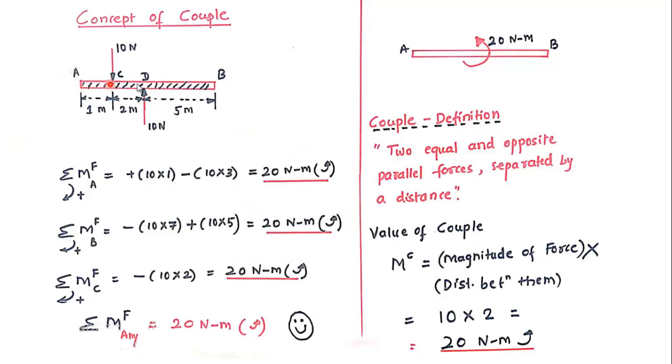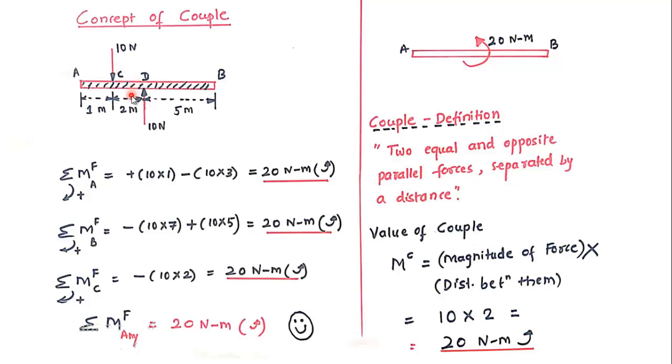Here is a rod AB, and I have shown two forces on this rod, 10 Newton acting in downward direction as you can see, and another same magnitude 10 Newton acting in the upward direction at point D. These two forces are obviously equal in magnitude and they are parallel also, and they are in opposite sense. This is how I have taken a pair or couple of forces.